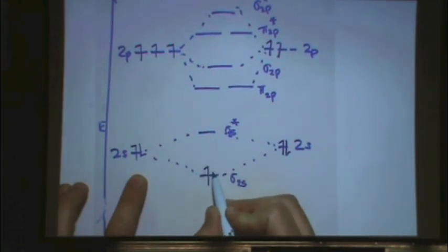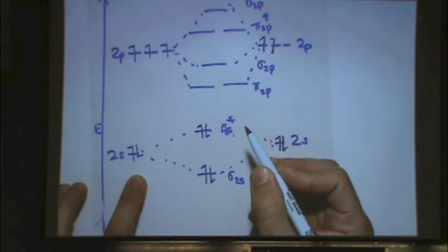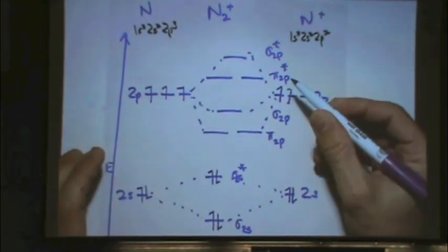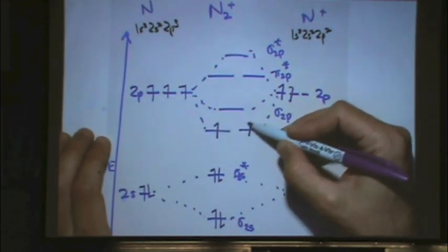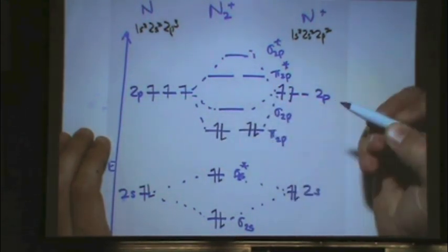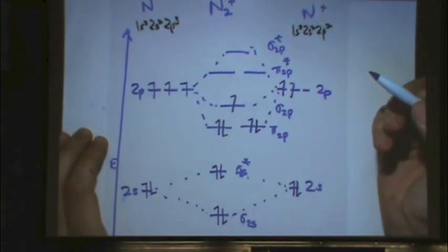So fill in 1, 2, 3, 4. For the top, 3 electrons on the left, 2 on the right, total of 5. If you don't know how to fill it in, you can watch my pen. 1, and then 2 goes here unpaired. 3 goes here paired. 4 goes there, and then 5 goes up to the next one. Okay?